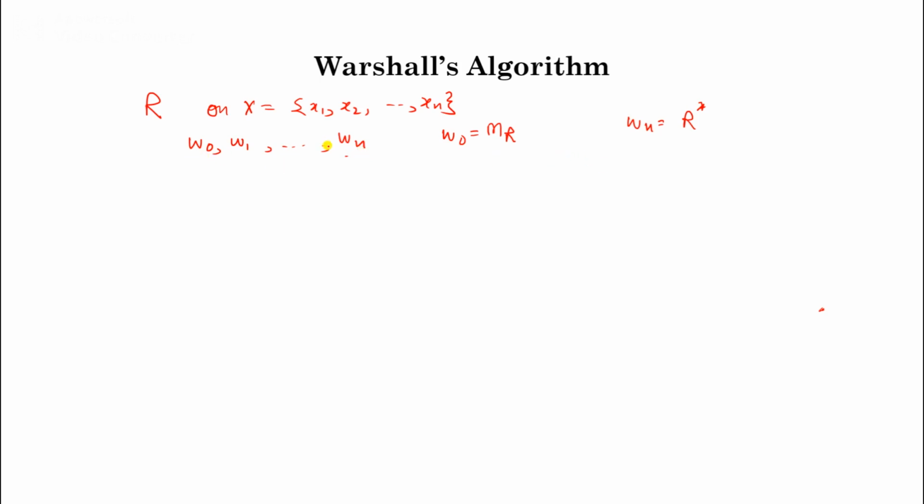So how can we find these matrices in this sequence? Warshall's algorithm is defined as follows. Suppose the previous matrix, Wk minus 1, has elements Aij, and Wk has elements Bij.